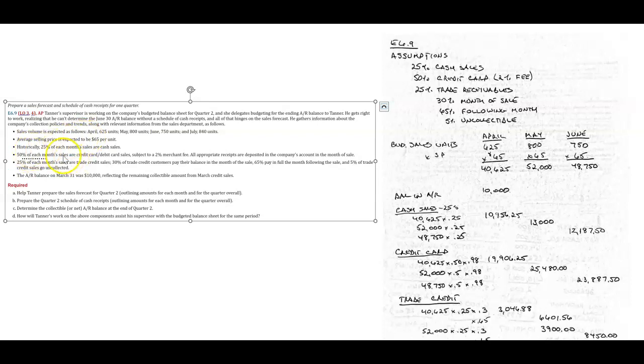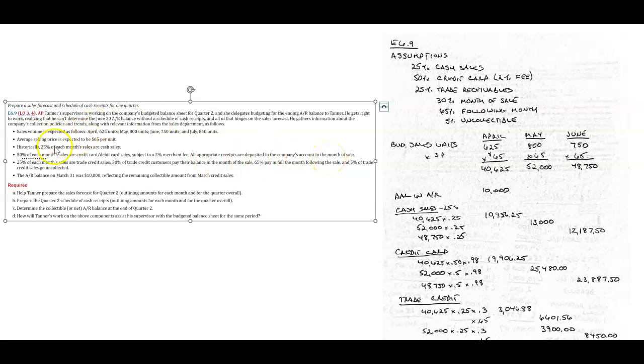And historically, 25% of each month's sales are in cash. This is the first one we're doing that deals with cash sales. And 50% of each month's sales are credit or debit card sales, subject to a 2% merchant fee. All appropriate receipts are deposited in the company's account in the month of sale.